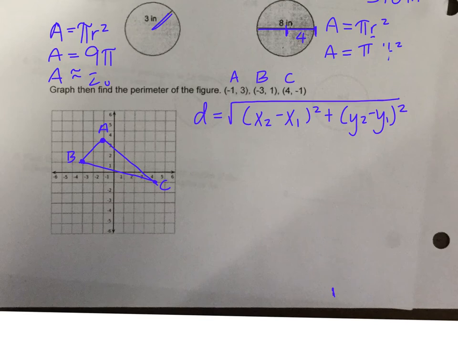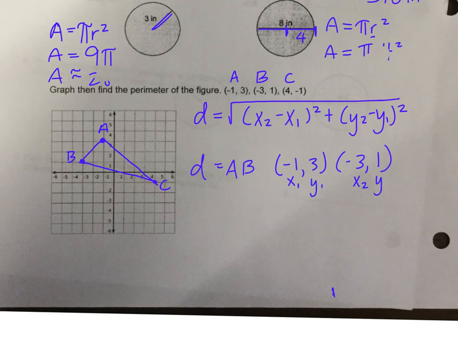So I'm going to have to figure out the distance between all these points. So I'm going to have to figure out the distance of AB, which is negative 1, 3, and negative 3, 1. I'm getting that from the points up top. I would label this x1, y1, x2, y2, and then I just put this into my distance formula.